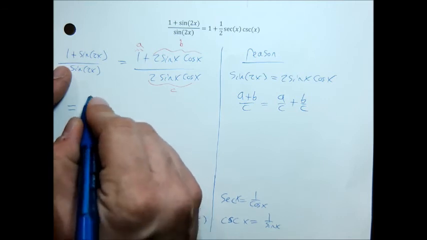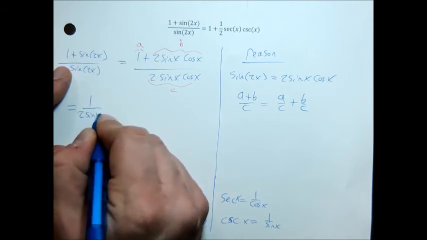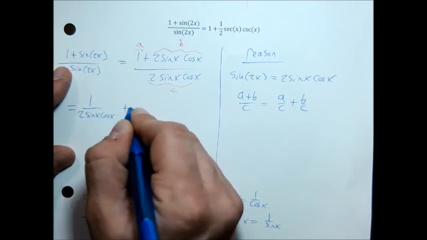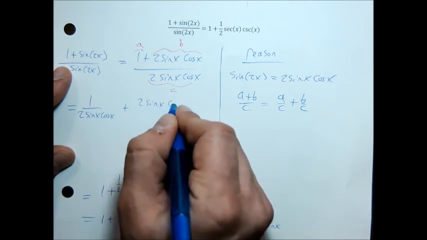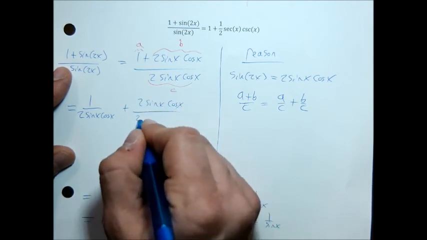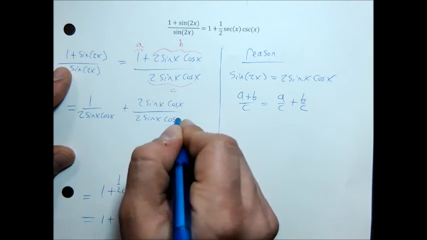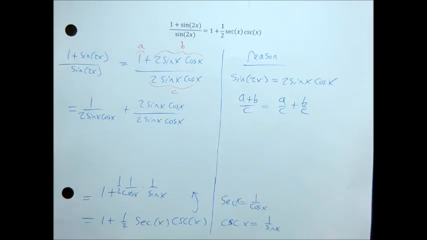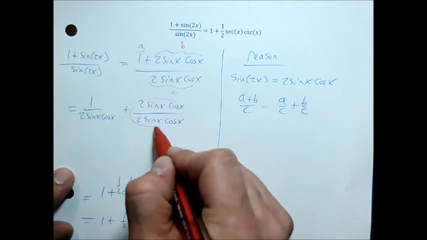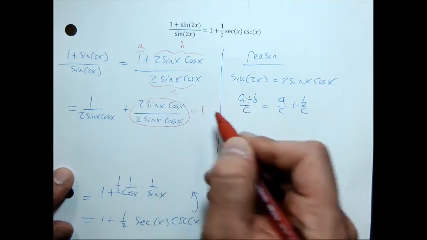So this becomes 1 over 2 sine cosine plus 2 sine cosine over 2 sine cosine. And that was helpful because this thing cancels into 1, right? 2 sine cosine divided by itself just equals 1.